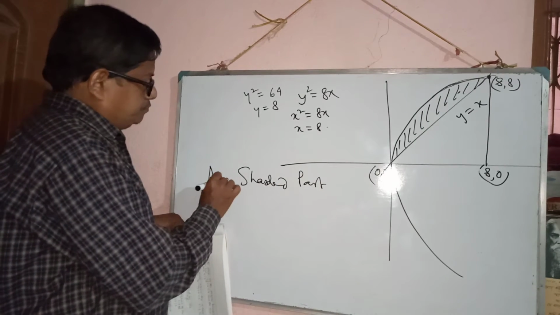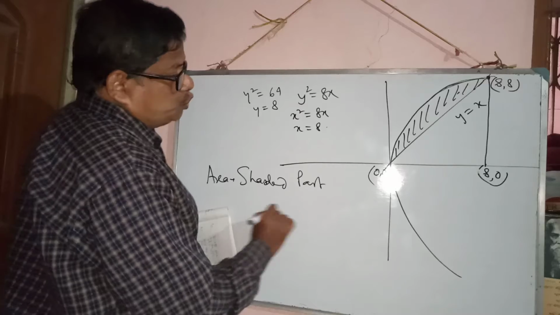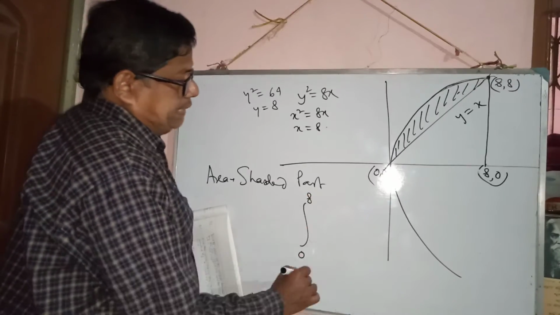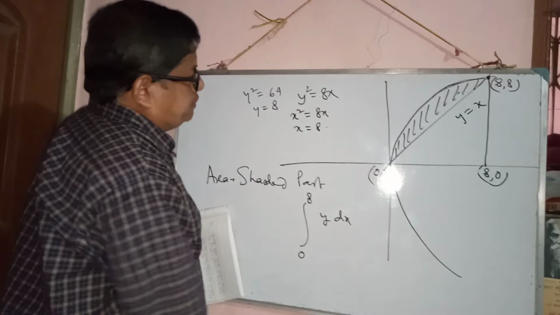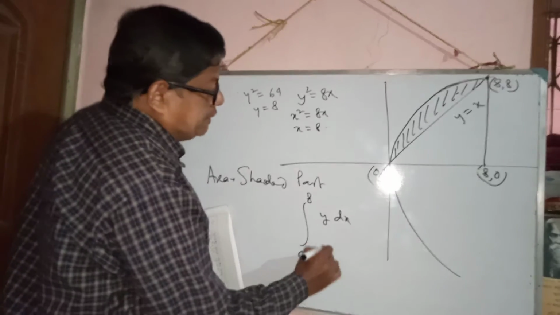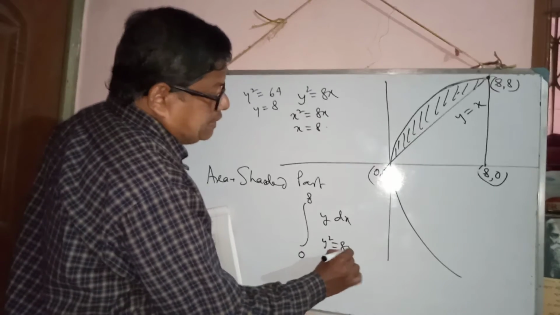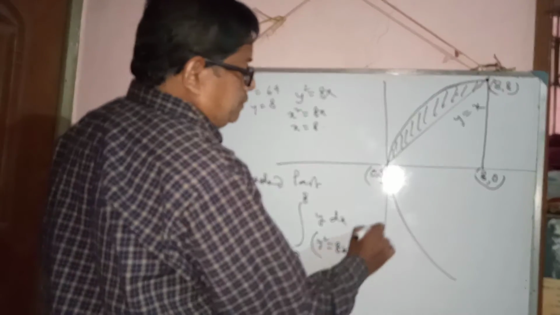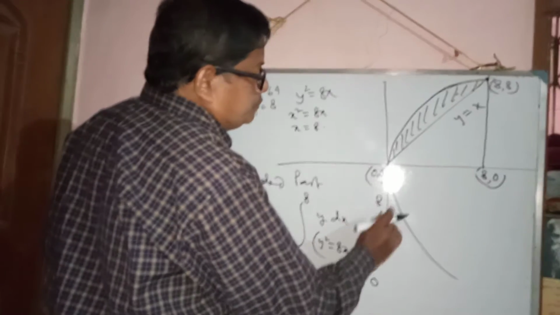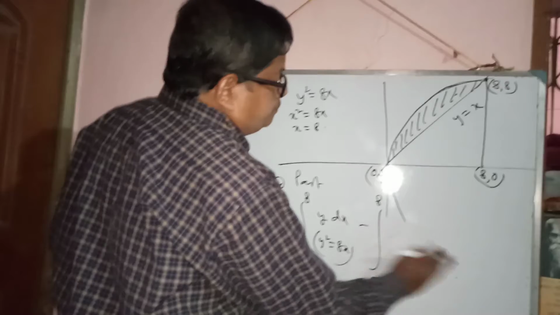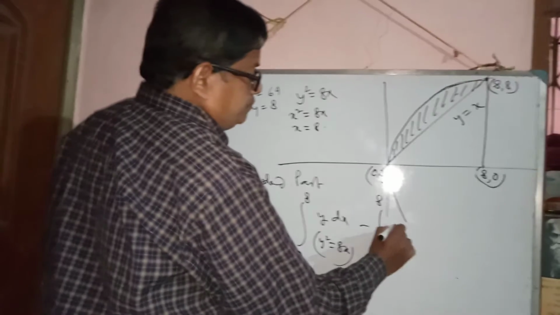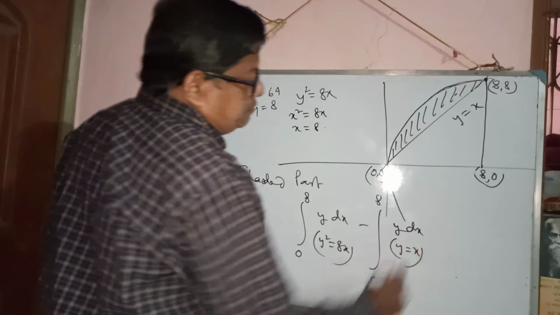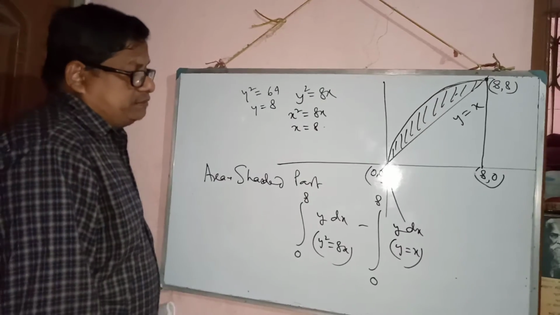So write the area of the shaded part: integration from 0 to 8 of y dx, taking y from the curve y square equal to 8x, minus the integration from 0 to 8 of y dx, taking y equal to x, the line.